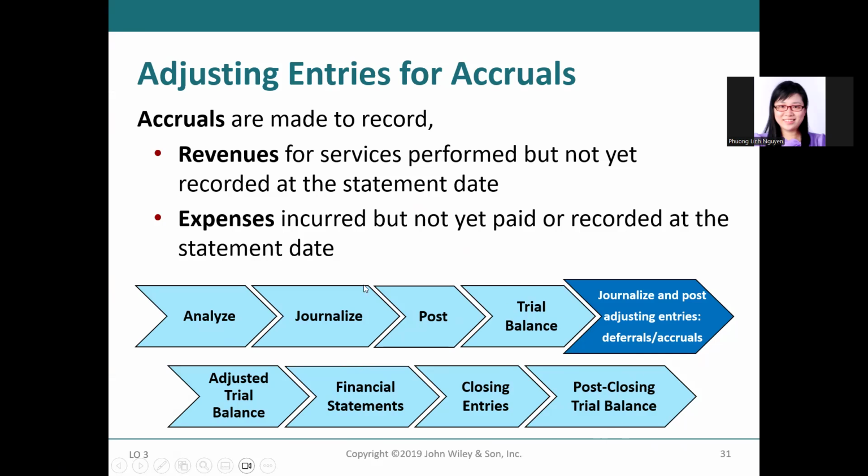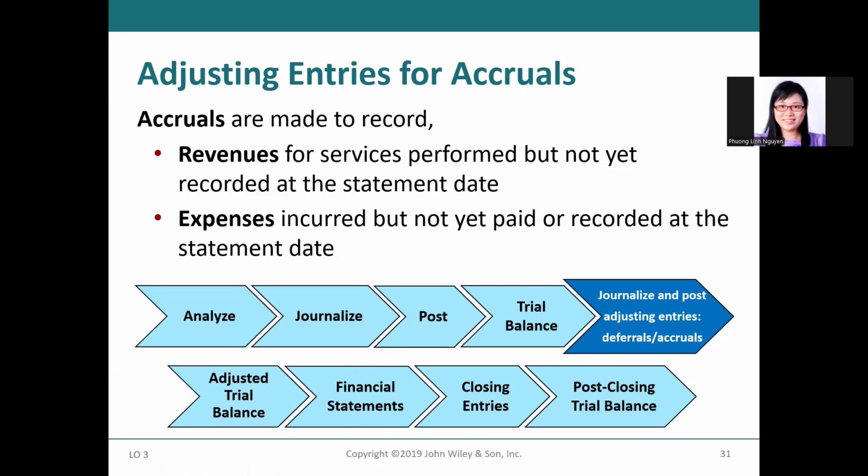As you can see, in chapter 1 we learned about analyzing transactions, and then in chapter 2 we learned about journalizing the transactions, posting to the ledger, and preparing the trial balance. Now in chapter 3, we're going to learn about journalizing and posting adjusting entries. Adjusting entries are those journal entries that we need to make to ensure that our accounts are correct.